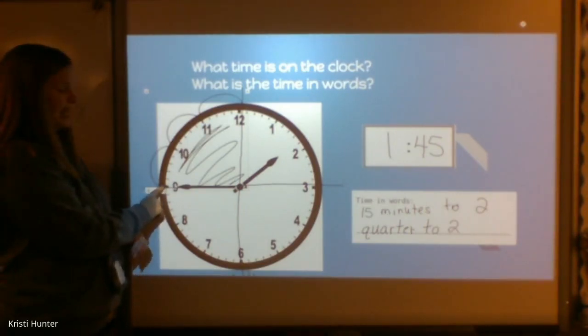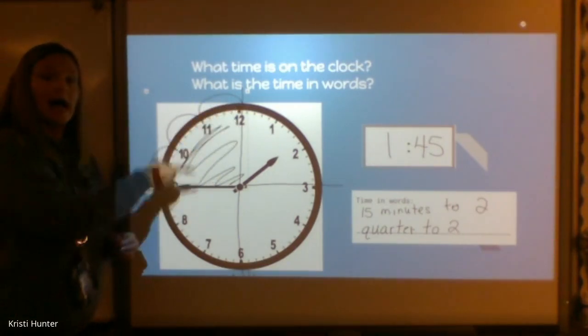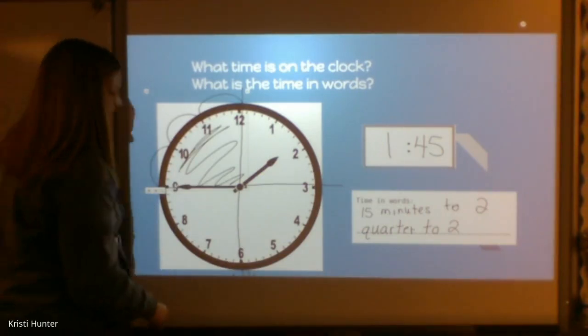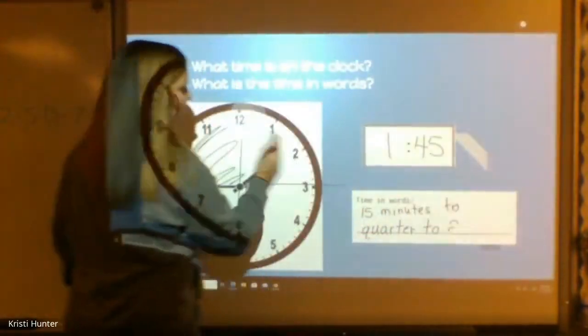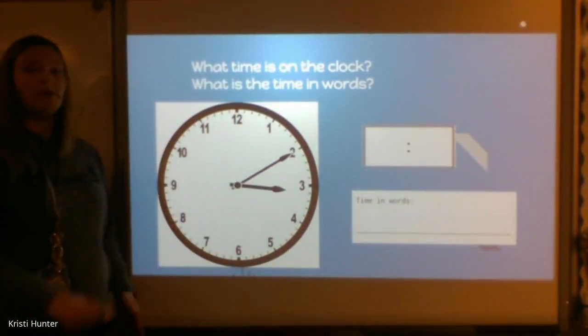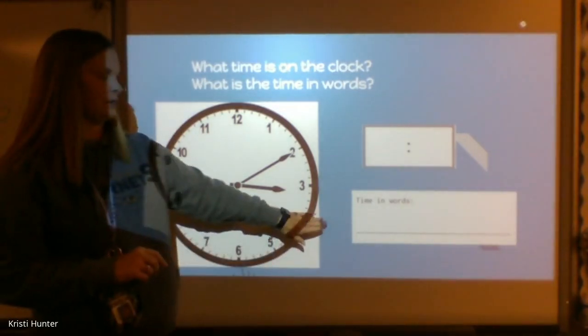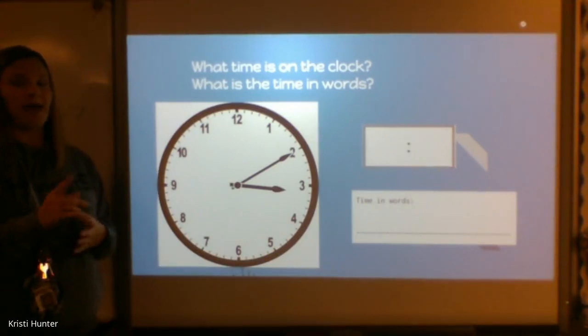It may help you to actually touch it. 5, 10, 15. I'm drawing it on the board to help you see it. Right? Let's see if we can do another one here. Take a look at the time. First, write your digital time, and then write your time in words. Go ahead and pause the video and get both of them done, and I'll be back to check with you.